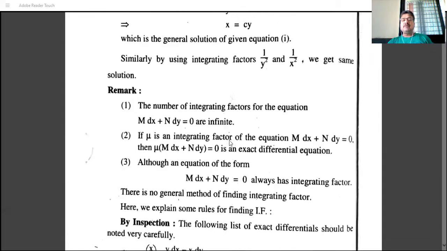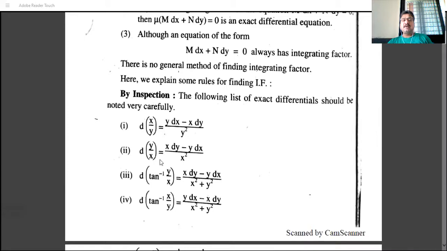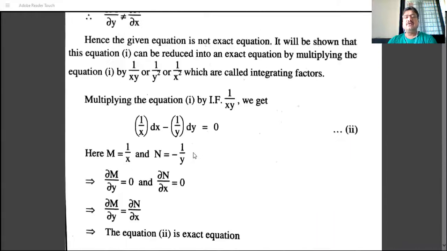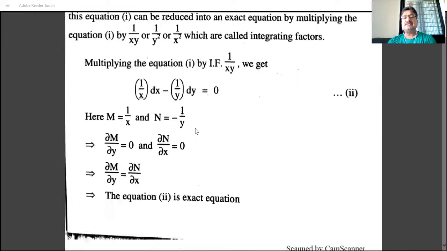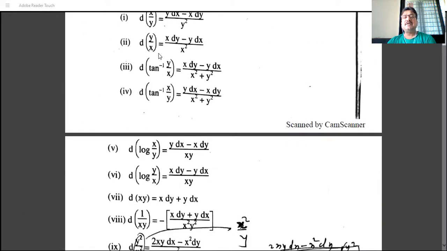If you multiply by 1/x², then we have to use this trick: (y dx minus x dy)/x² is the derivative of minus y/x.